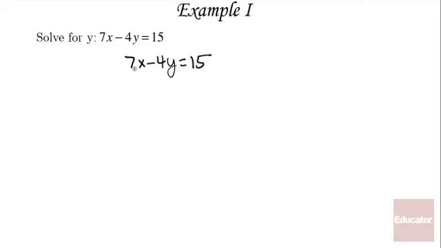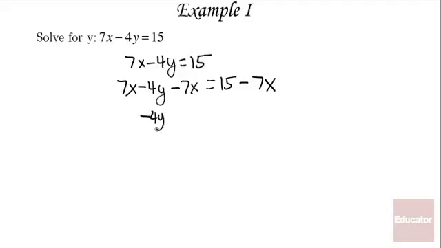So I need to move 7x to the right side by subtracting 7x from both sides. The 7x's cancel out, and that leaves me with minus 4y equals 15 minus 7x.